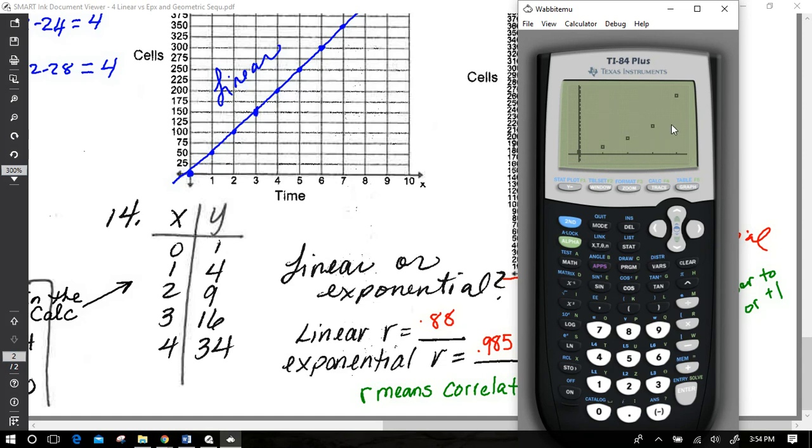You can see that there's kind of a curve here. It's close, it could be linear, but this point here goes up a little too far for a linear model to fit better. So that's another way you could determine it. But if they're asking for the exact correlation coefficient, you need to use the calculator part to do it, not just look at the picture.